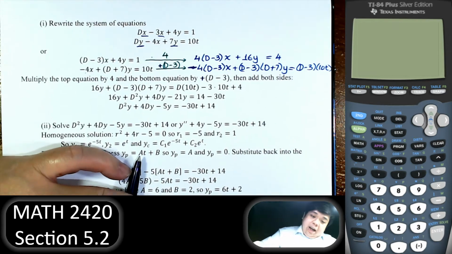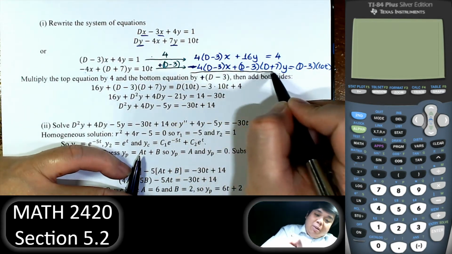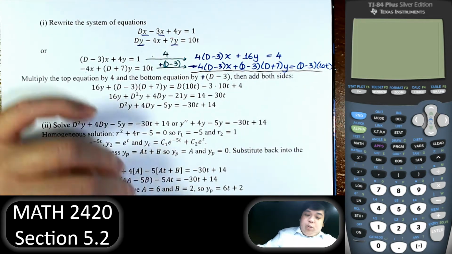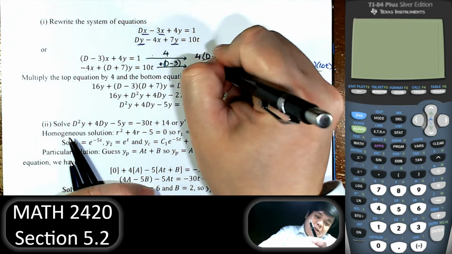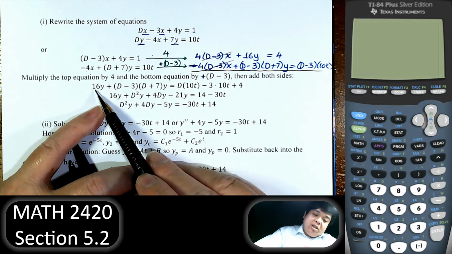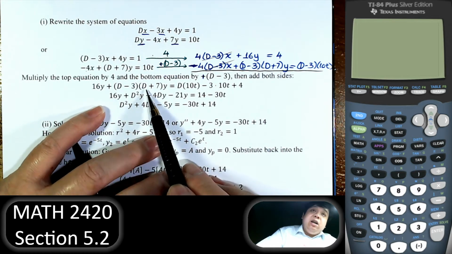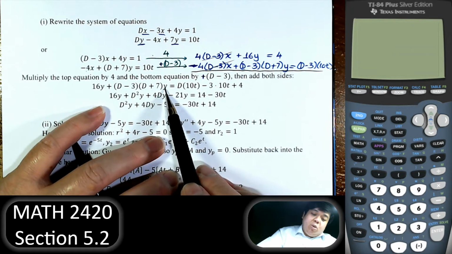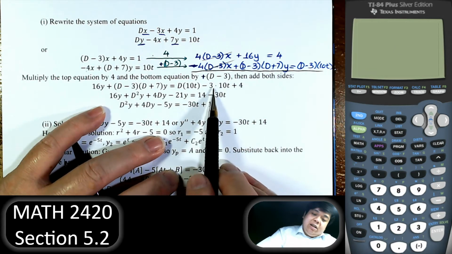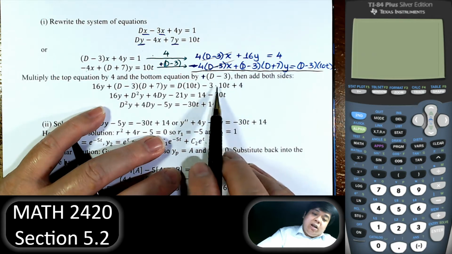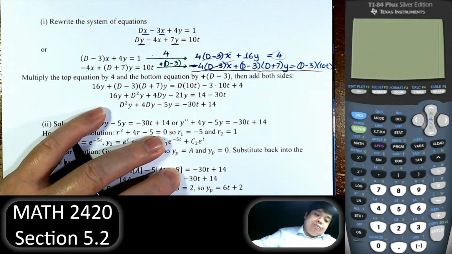Right. After that, what we do is we add side by side. The reason we multiply by 4 and (D minus 3) is because those will cancel out. On the left hand side we have 16y plus (D minus 3)(D plus 7) times y, and then the derivative D of 10t, and then minus 3 times 10t, and then plus 4.